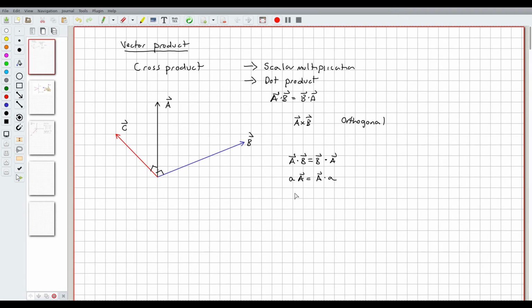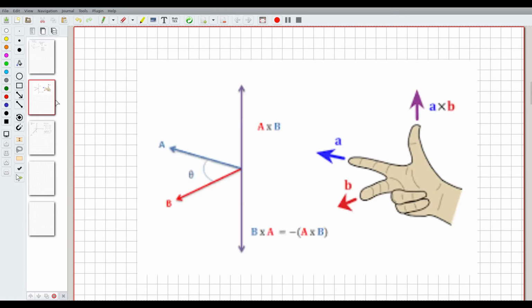Unfortunately, with the cross product, A cross B is not the same thing as B cross A. They're actually associated to each other via negatives. So A cross B is equal to minus B cross A. And that's the reason why, if you look at the right-hand rule in the bottom right here, you see that B cross A is equal to minus A cross B.